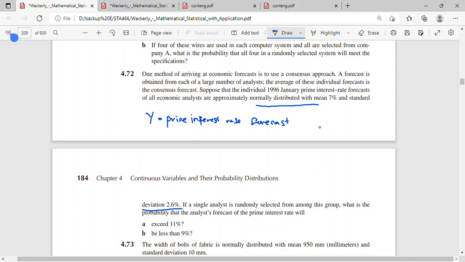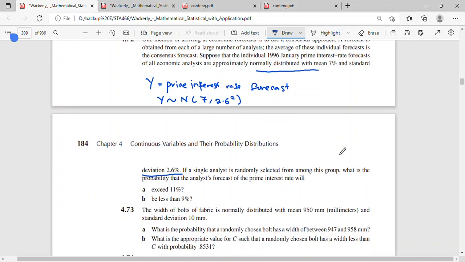Okay, this y is normally distributed with mean 7% and standard deviation 2.6%. So the variance will be 2.6 square. So nak cari nilai probability of y exceed 11%.